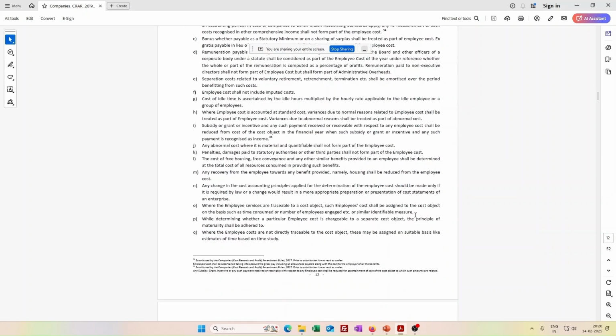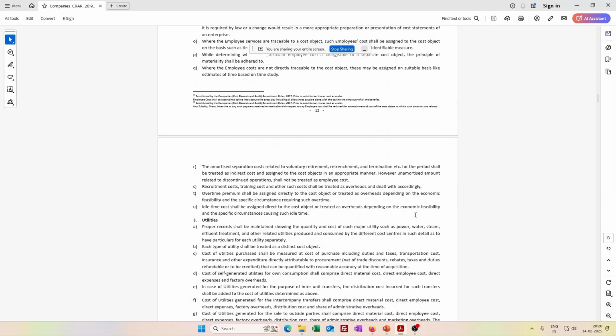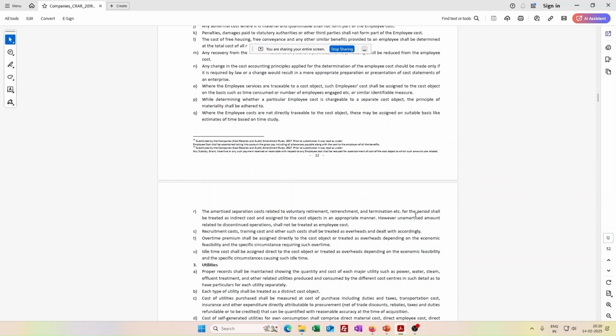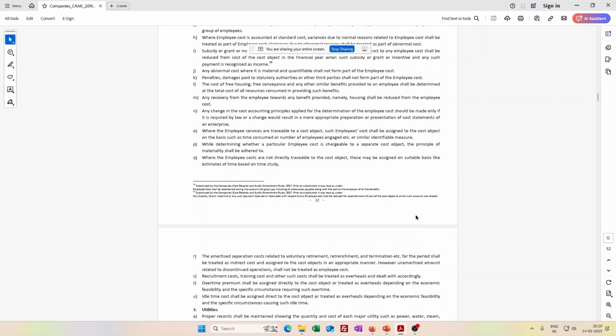Number 3, an important point: if any penalties or recoveries have been recovered from the employees, that should be net off against the employee cost. It is applicable for any cost. If any recoveries or subsidies, benefits are received against that cost, that should be deducted from the cost. That means net cost should be charged in the cost of production.